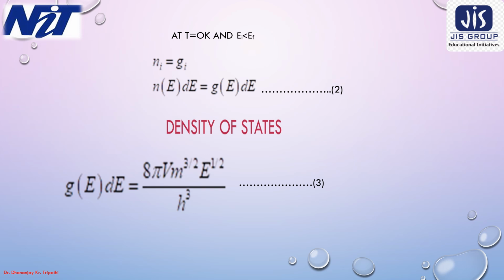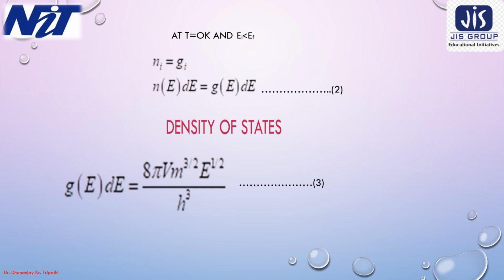Density of states is the number of microstates per unit energy range. That means if you are taking the energy range E and E plus dE, in that very energy range, what number of microstates are available? That is called the density of states.